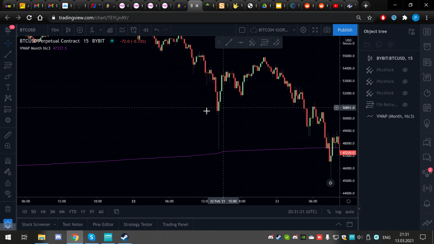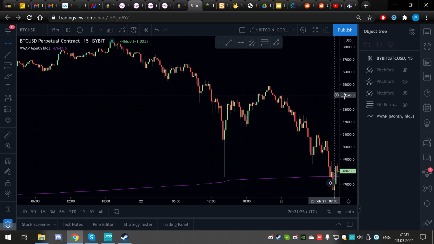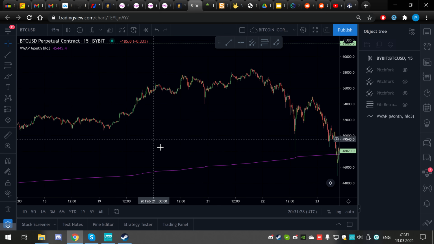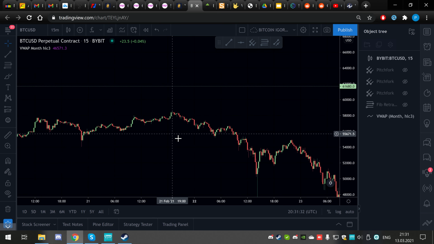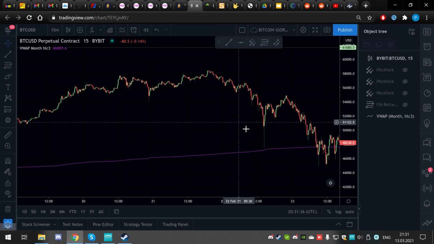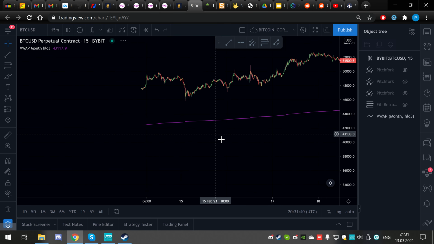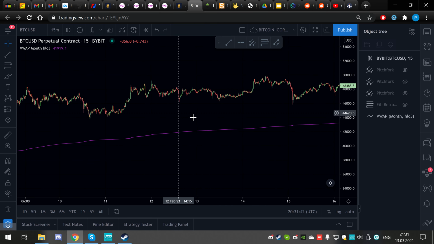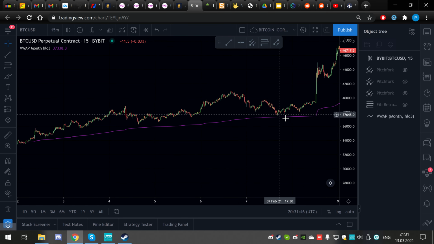So in case very violent moves are coming to the market, then monthly VWAP is a super nice entry. You always watch it. When you have small movements, you watch small charts like 1 minute, 5 minutes. But when you have big movements, you just zoom out to the 15-minute, 30-minute or 1 hour chart, and you watch those more long-term indicators. And look here, there was even no touch. Super strong trend. Here, maybe 1 touch.